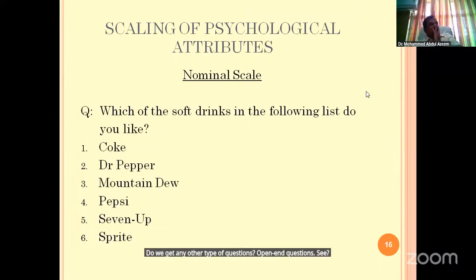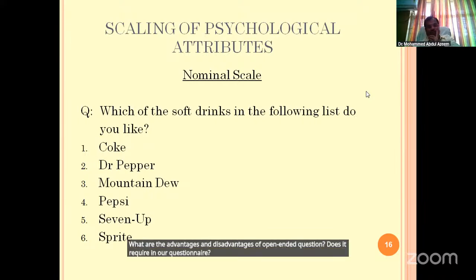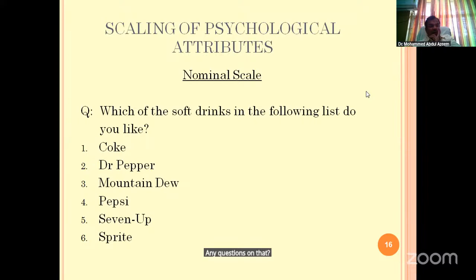See, how do you measure an open-ended question? What are the advantages and disadvantages of open-ended questions? Are they required in our questionnaire? First of all, measuring is very difficult, because if I ask you how was my lecture, you can give a one-paragraph answer, or you can simply say good, or you can say there are so and so things.